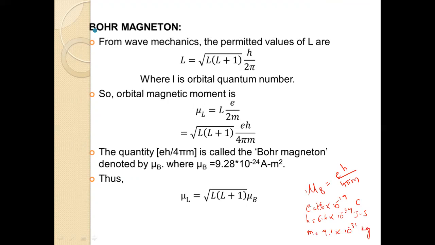So substituting all these values in the above formula, you will get a constant value for the Bohr magneton, that is 9.28 into 10 power minus 24 ampere meter square. And the formula for mu L, that is the magnetic moment, is equal to root over L into L plus 1 into mu B.